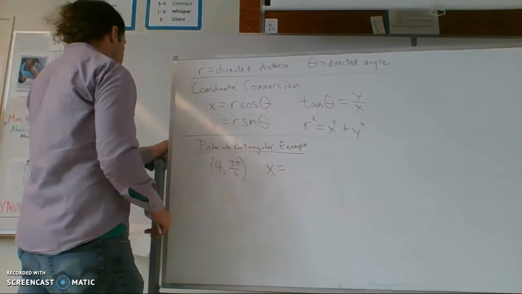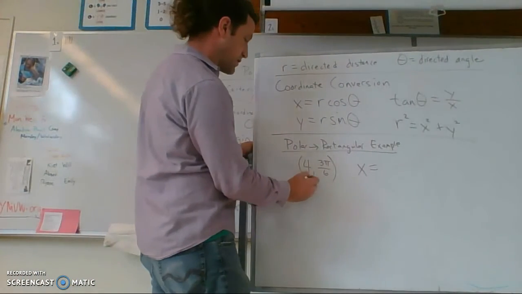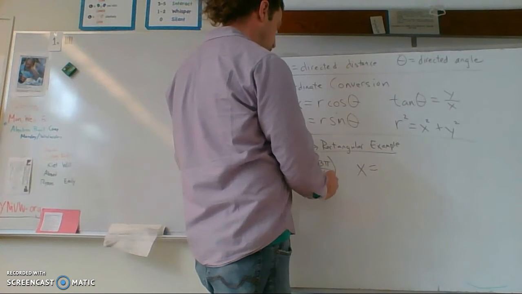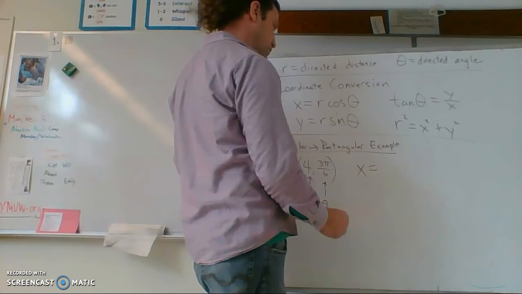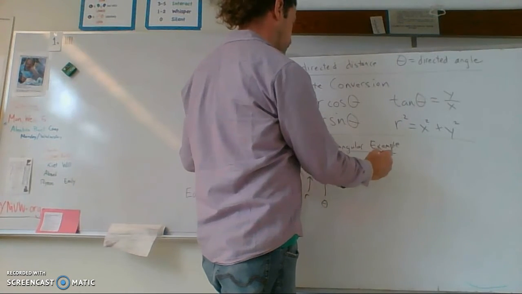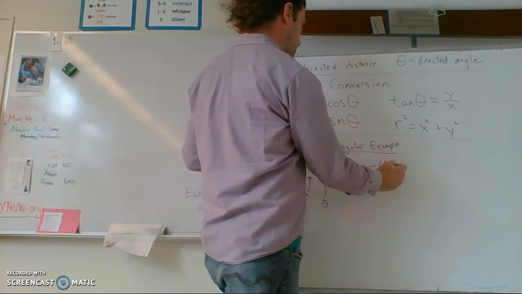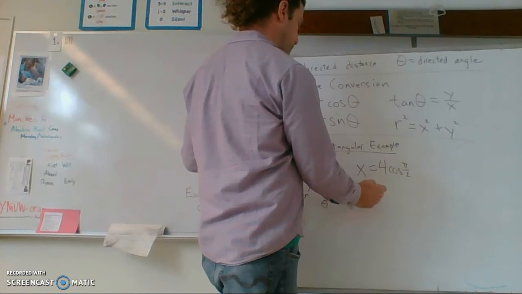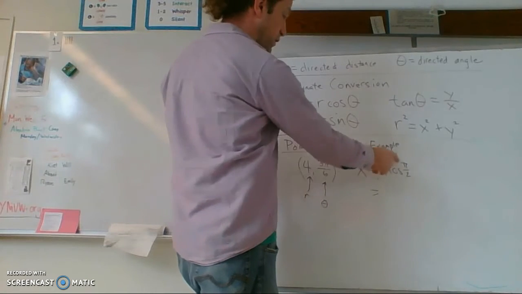Now, polar coordinates are given as r, theta. So this is r, and pi over 2 is theta. And so x equals 4 times cosine pi over 2. Because 3 over 6 is just 1 over 2. You get it? All right.